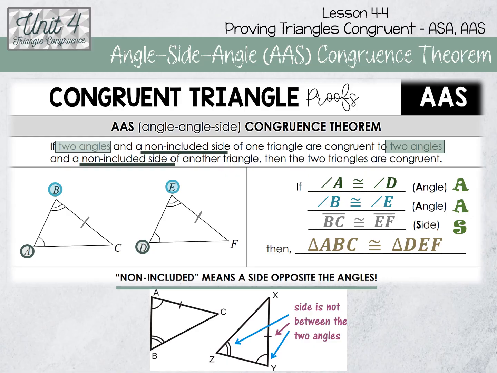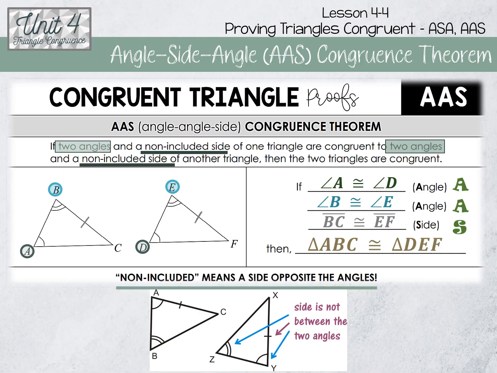Triangle ABC is congruent to triangle DEF. Now, instead of the pair, segment BC being congruent to segment EF, we could have used the other pair, segment AC congruent to segment DF, because it's still not between the angles and their corresponding sides.